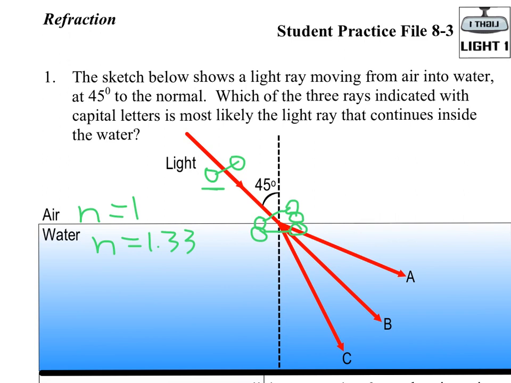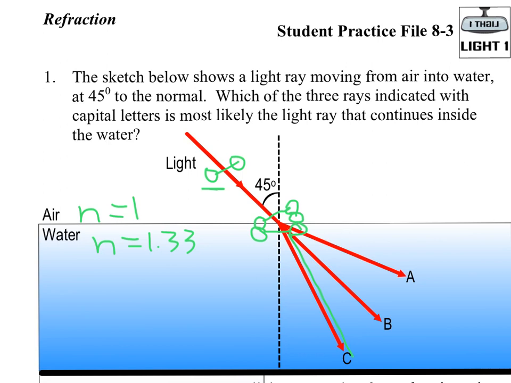And if we flip-flop the index of refraction, you do the exact opposite, where you'd bend away from the normal line. This is called the least time principle, and you're going to learn more about this tomorrow. But essentially, the light ray wants to take the least amount of time to get from one place to another, so it's always going to spend less time in a more dense medium and therefore take a smaller path to get down to the new medium change after that. So C is your correct answer.